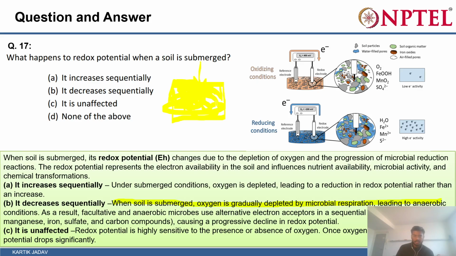Because there is limited air or oxygen present in this submerged soil, and that is continuously used by microbes present in the soil for their survival. Due to that, there is again a reduction in oxygen, and that reduction in oxygen reduces the redox potential. The correct answer is option.